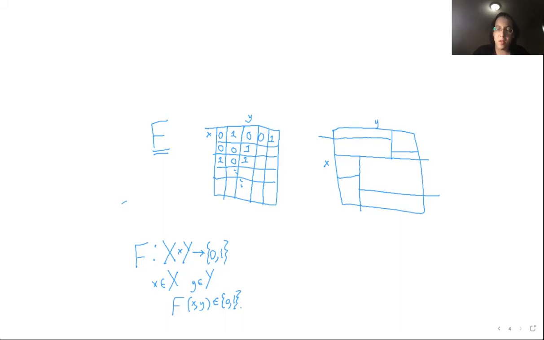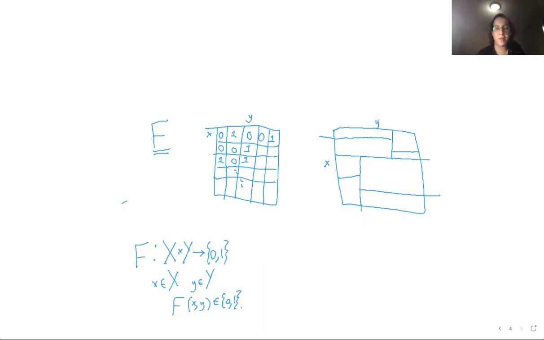And at the end, when Alice and Bob know the output, then if they've determined the value of f of x y on all possible inputs x and y, it actually means that each of these rectangles became all 0 or all 1.